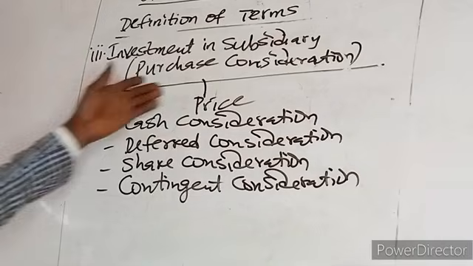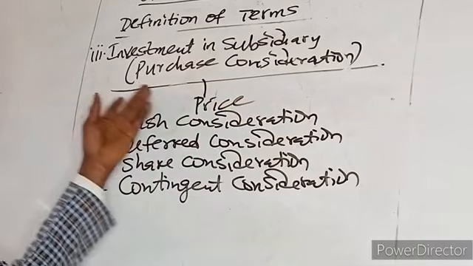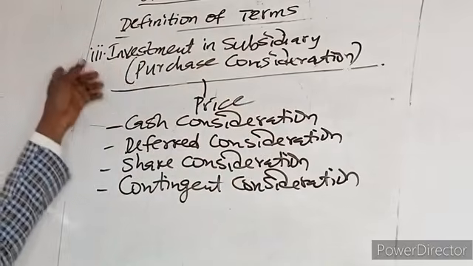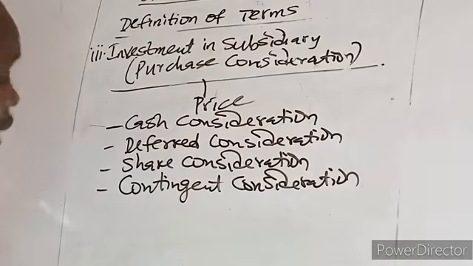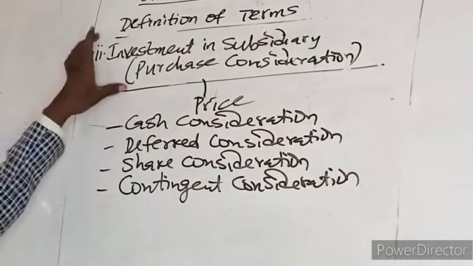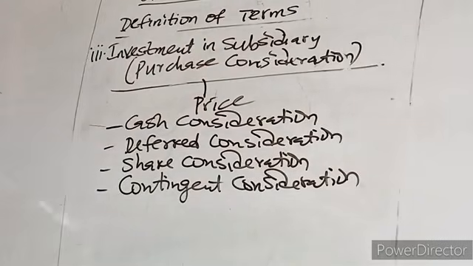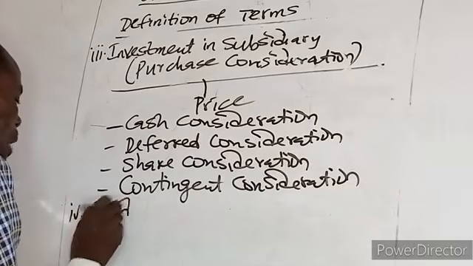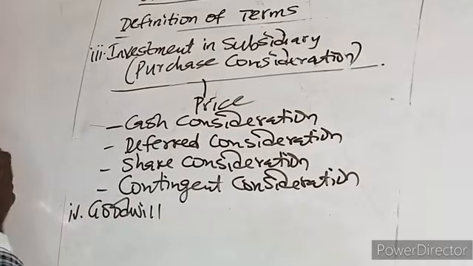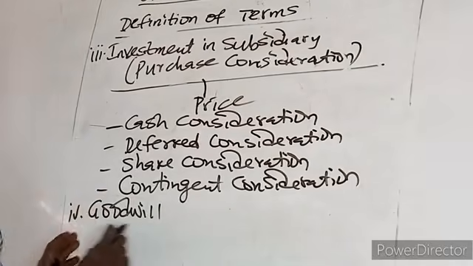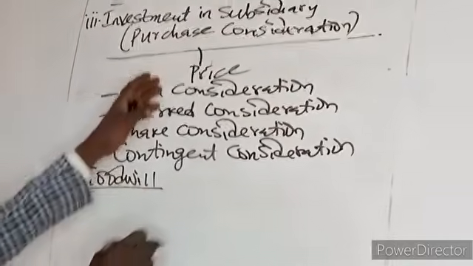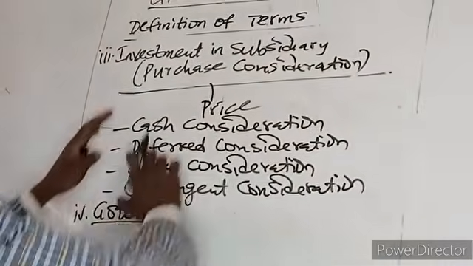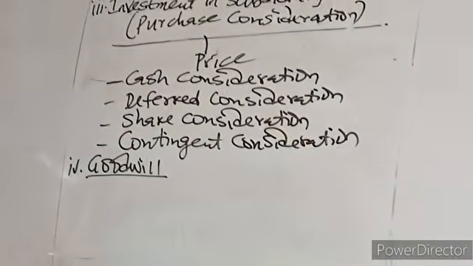So, I've told you that purchase consideration is the price paid to the shareholders of the subsidiary company by the parent company in acquiring the shares of the subsidiary company. Now, the next term I'm going to examine is goodwill. What do we mean by goodwill? When a parent company acquires the subsidiary company, what the parent is acquiring from the subsidiary is their assets and liabilities.